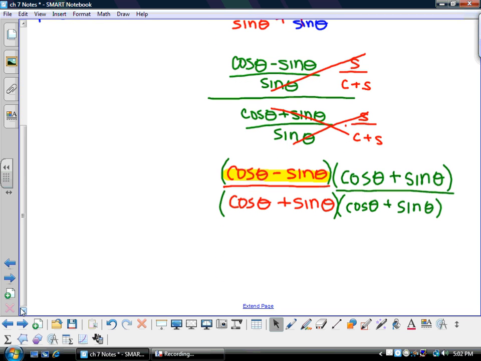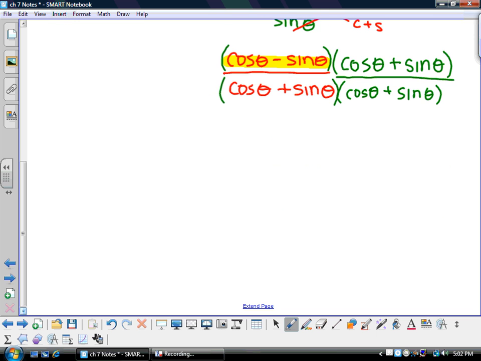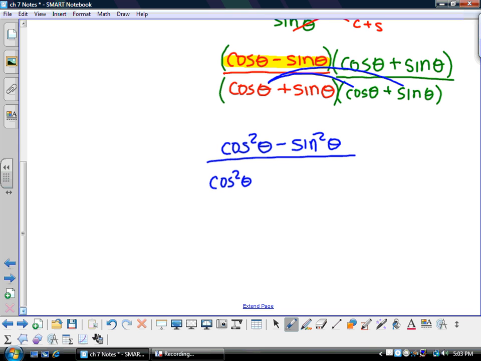Foiling that all out, on the top, multiplying conjugates, we know that it's just going to be cosine squared minus sine squared, and that the middle terms would cancel out. On the bottom, when you FOIL it out, you get cosine squared. You get cosine times sine, and another cosine times sine. So you get 2 copies of cosine times sine.